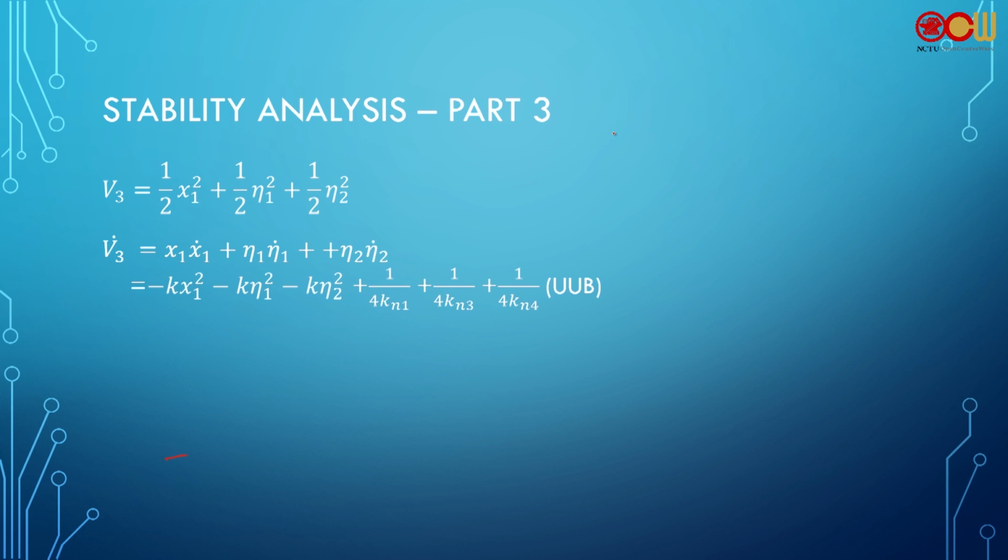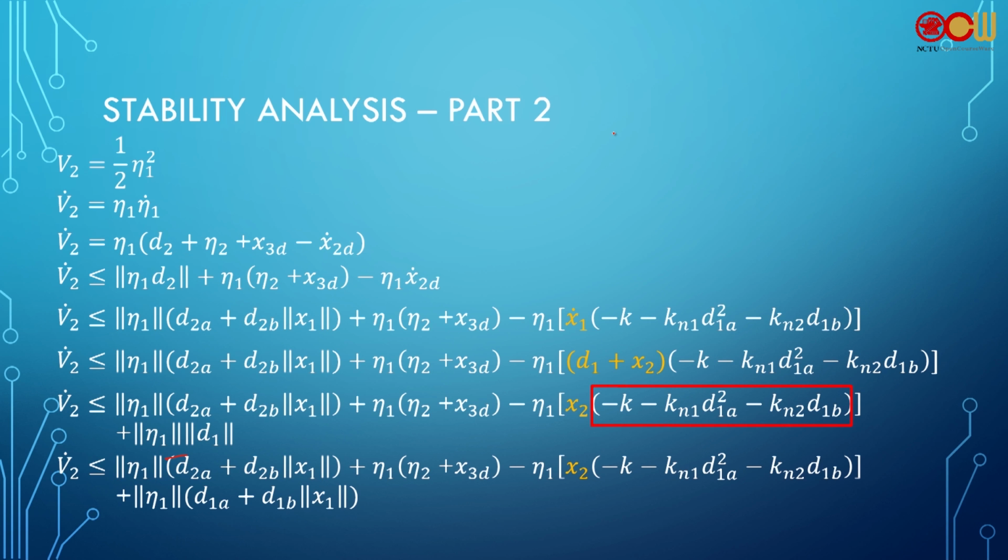And finally, you combine the three Lyapunov functions from system 1, system 2, and system 3. You will see that it's a UUB result. These are good terms and some constants. And these constants can be decreased by increasing control gains, Kn1, Kn3, Kn4. The correction is this term, so what's missing from here? Because eta 1, x2, and times these constants, right? Everything in the bracket.